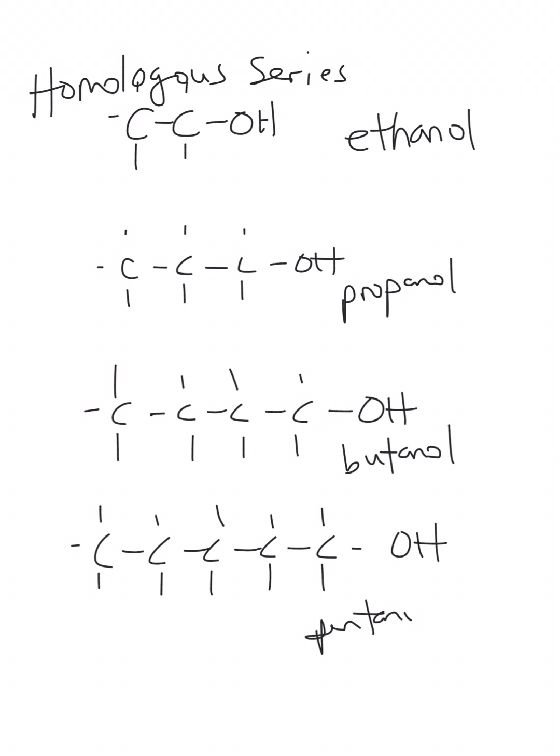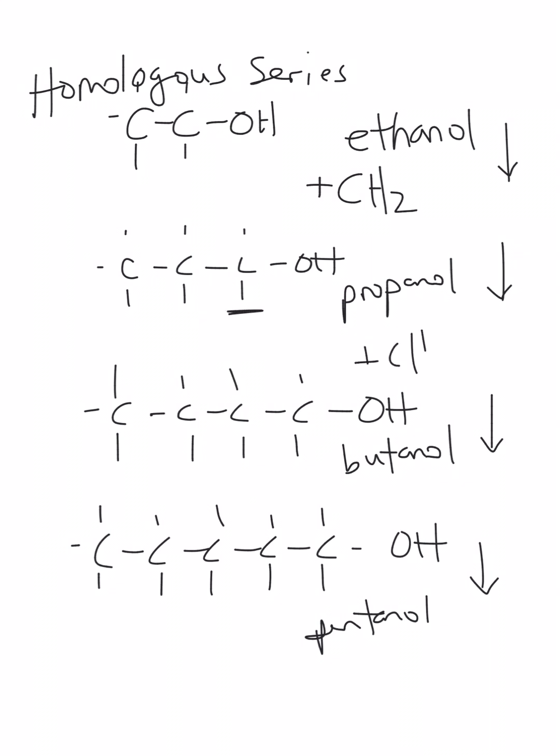As we go from one to the next, we are adding a CH2 unit each time, expanding the chain. That's what makes this a homologous series of alcohols.